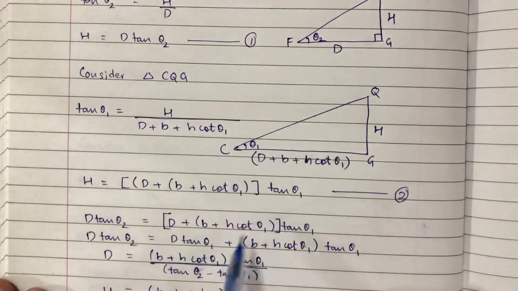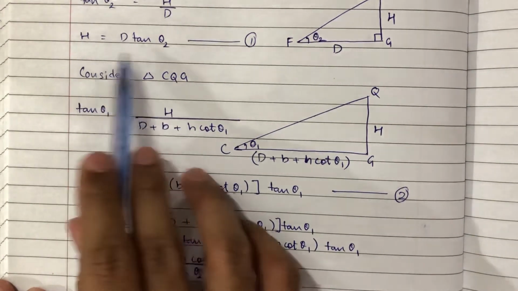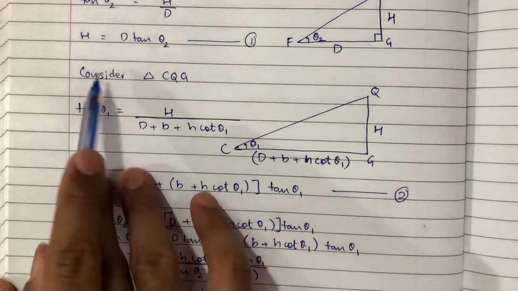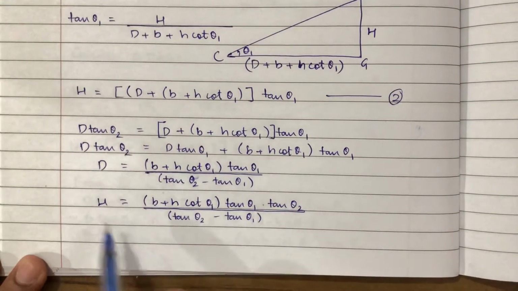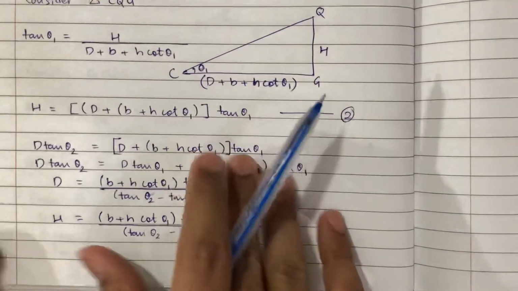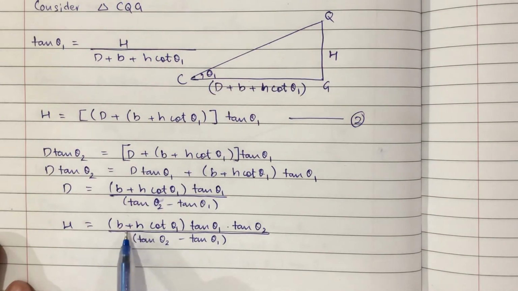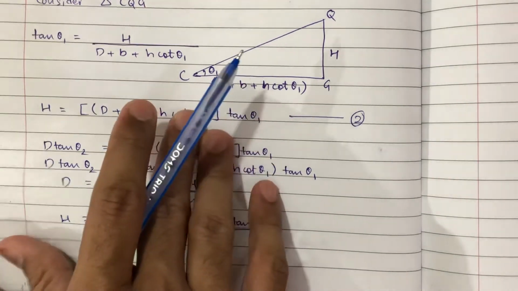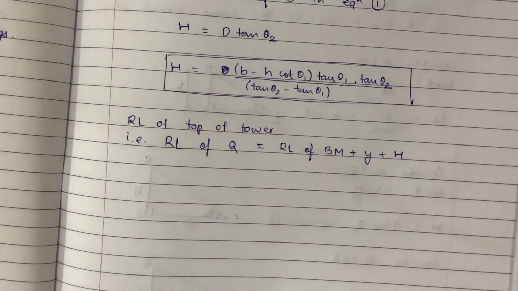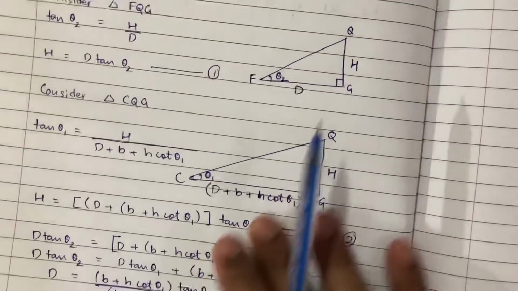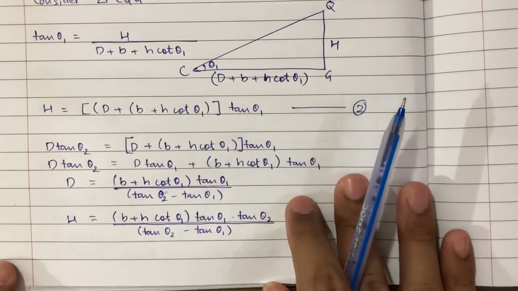We substituted this value of D in equation 1, so we got the formula for capital H. Again in the previous case, here it was B minus H cot theta 1. This sign was minus, rest all values are as it is. Here it is B plus H cot theta 1.